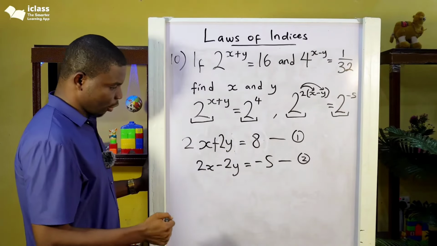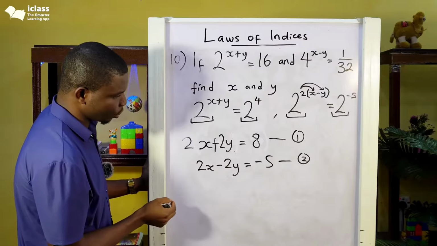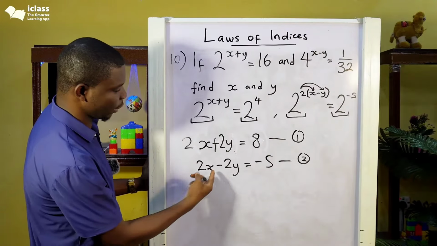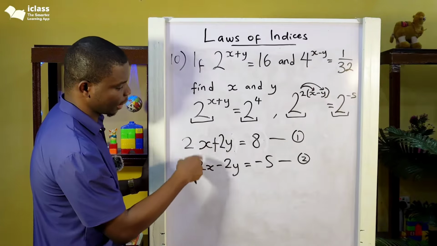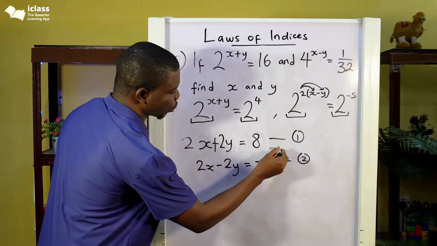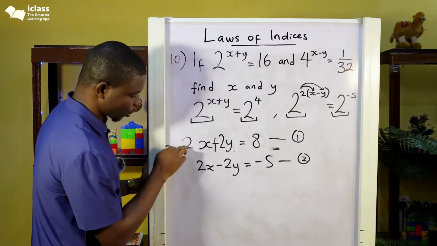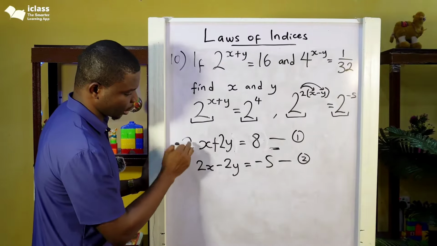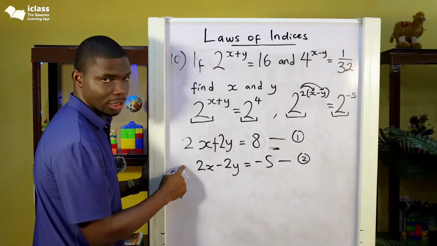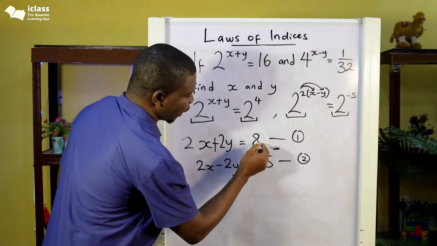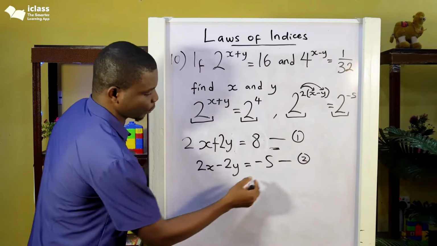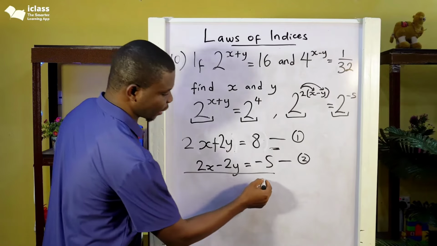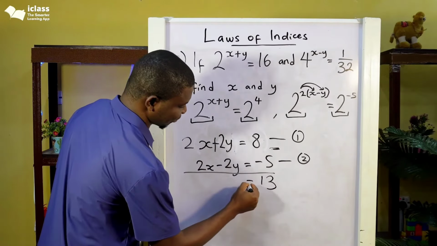Good. So do we add or do we subtract? If I want to eliminate x, then we have to subtract, because the coefficient of x in both equations has the same sign. 8 minus minus 5. What would that give us? That will give us 8 plus 5, which is 13.